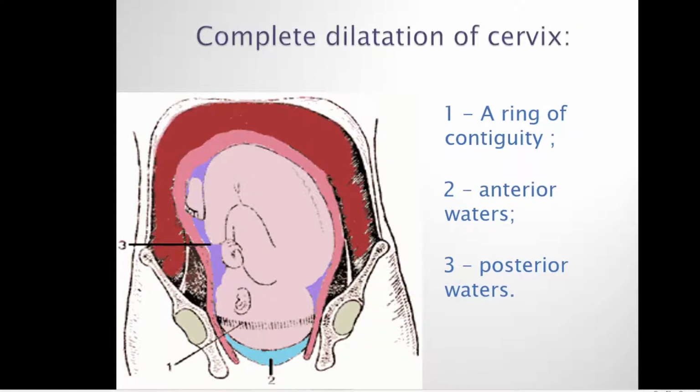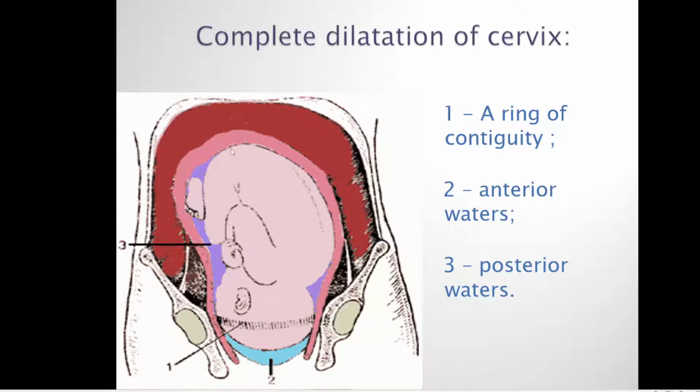In this picture you can see the formation of the amniotic sac. You can see the baby, the fetus, engaged in the plain inlet. If labor happens in occipital anterior presentation, the engagement diameter is suboccipitobregmaticus, and the baby is engaged in the plain inlet.